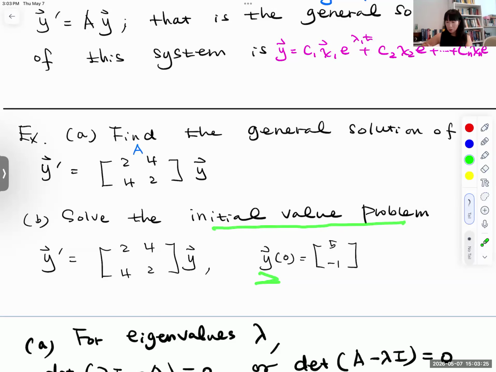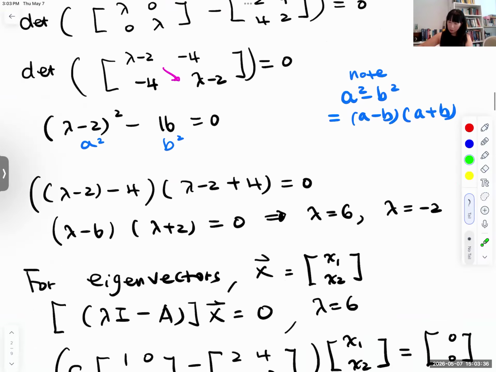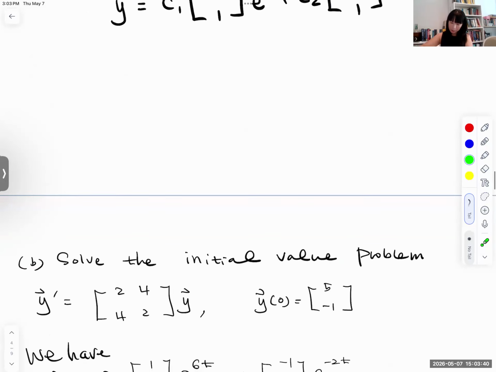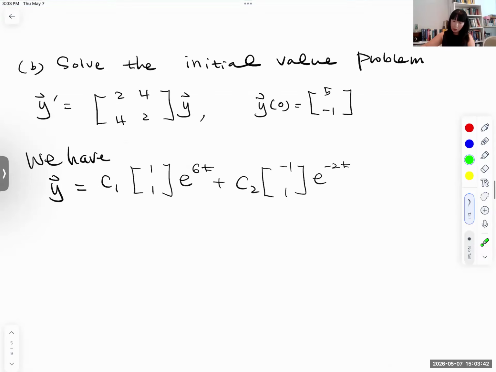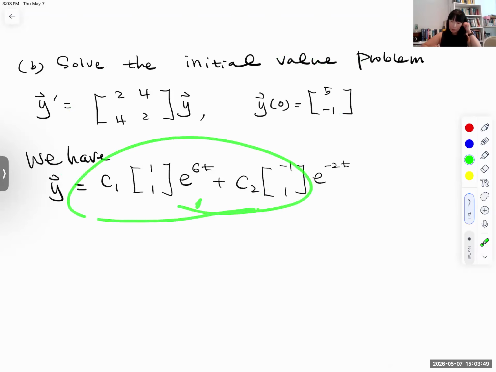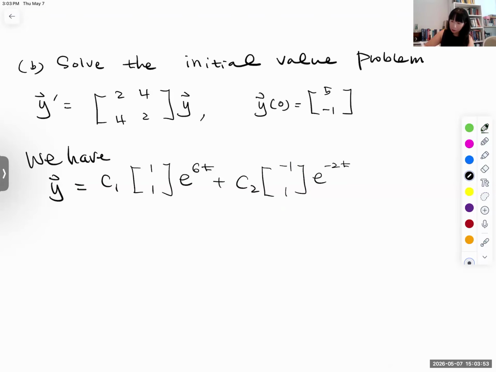So that is y of 0 with a vector, so vector y of 0 equals 5 and -1, right? Okay, so the second part, here we go. I wrote down the general solution, right?